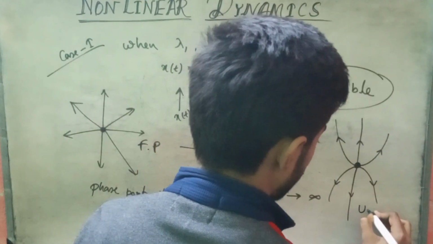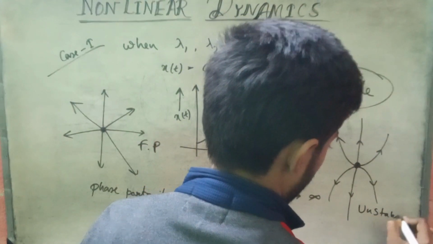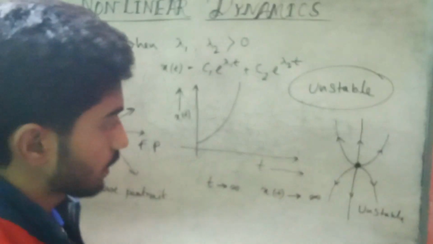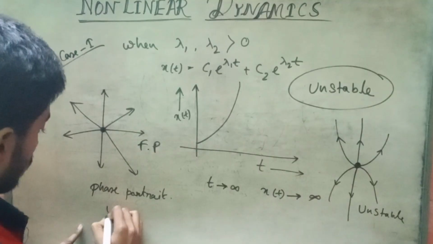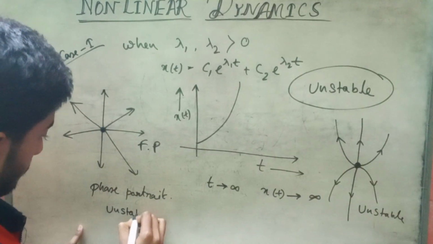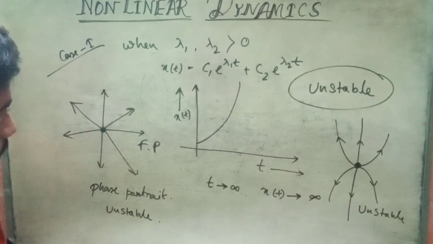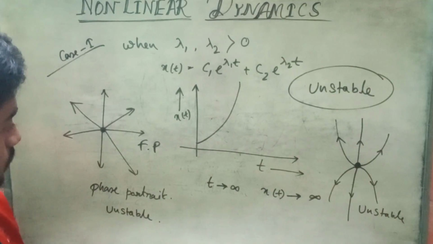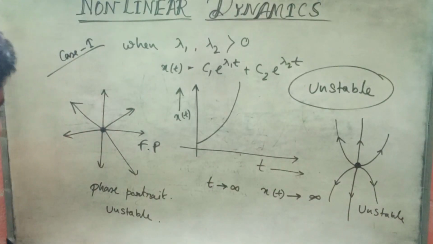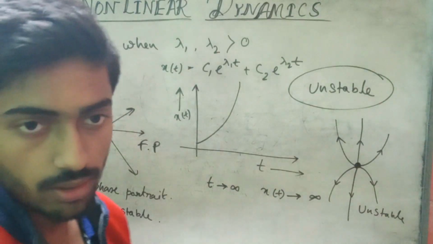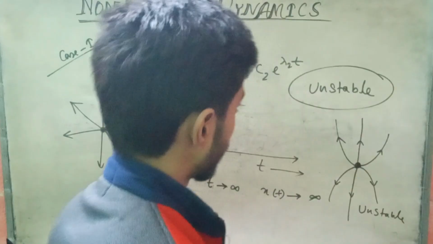This is unstable because all system trajectories diverge from the equilibrium point. This is also unstable. This is also unstable, right? So from the given condition we can draw whatever the phase portrait becomes, right?